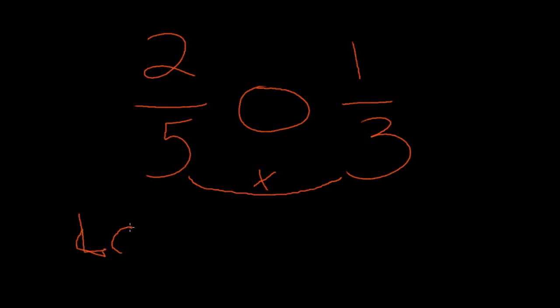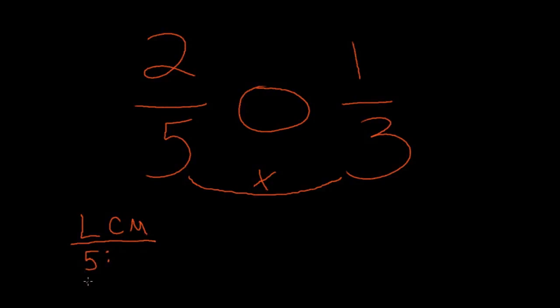So we want to list out some multiples of each denominator: multiples of 5 and multiples of 3. We're going to find the least multiple those two have in common.